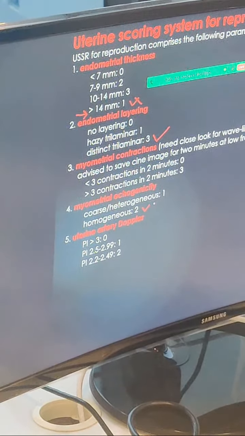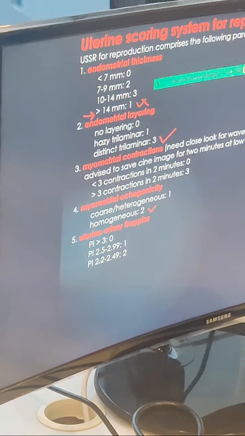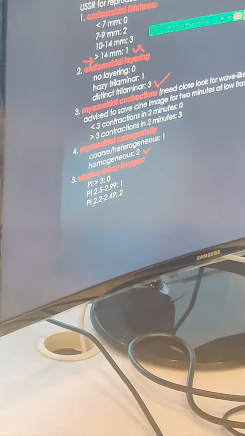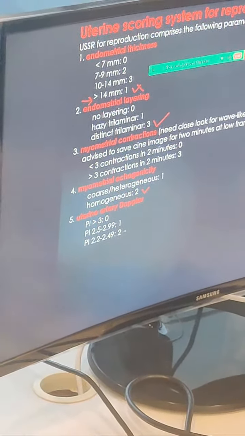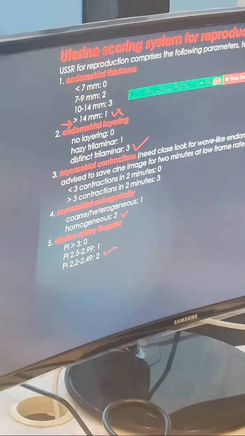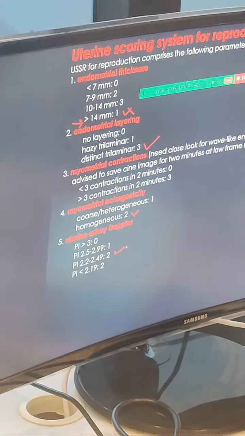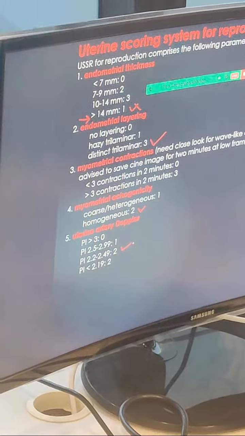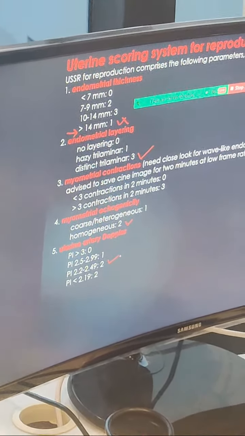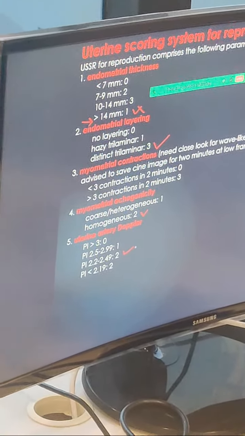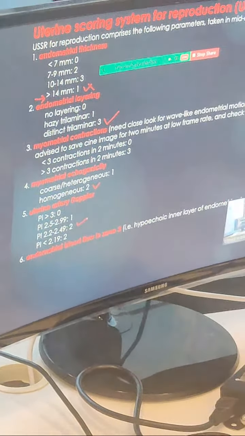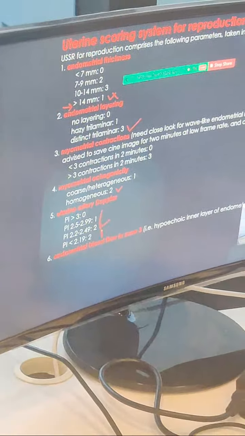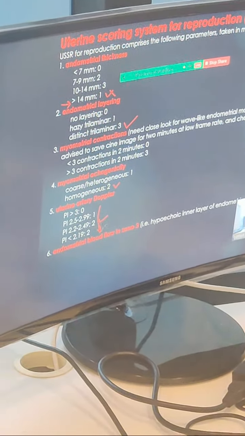The further drop in the pulsatility index, which means I am having a low resistance over here, 2.2 to 2.49, I am straightway giving 2 points. And if I am having a pulsatility index of less than 2.19, then again 2. The point here is that dropping pulsatility index is increasing the score.